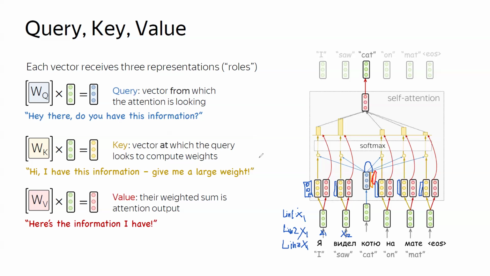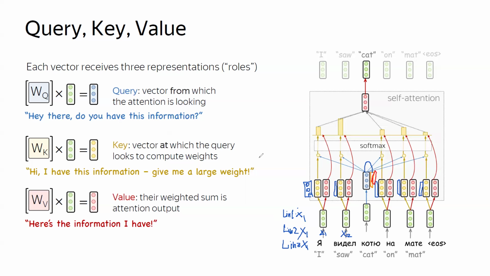I don't actually like this terminology. I used to think about this as just three different embeddings, but it's a common terminology. So the yellow embeddings are called keys. Also, I don't know the reason to call them keys. So query asks keys, and then we sum up red embeddings, which they called values.